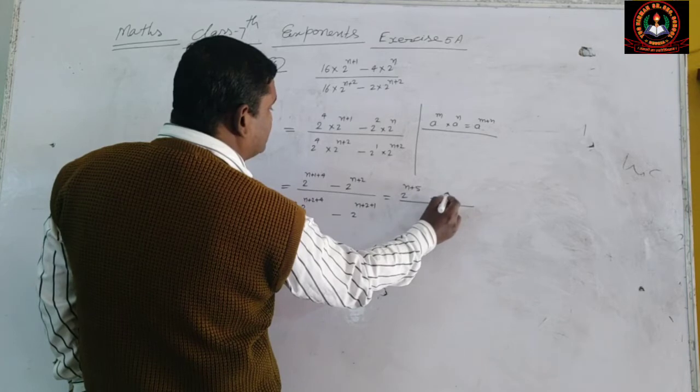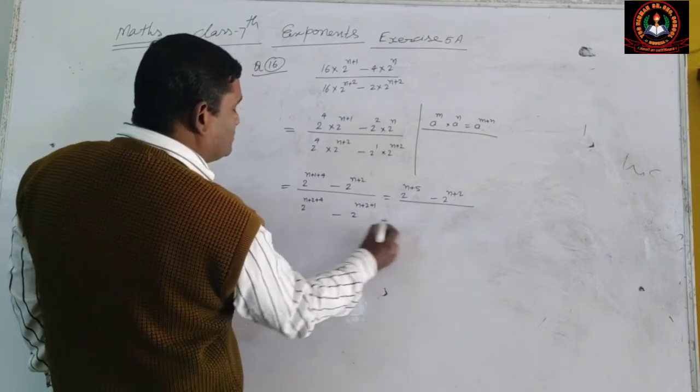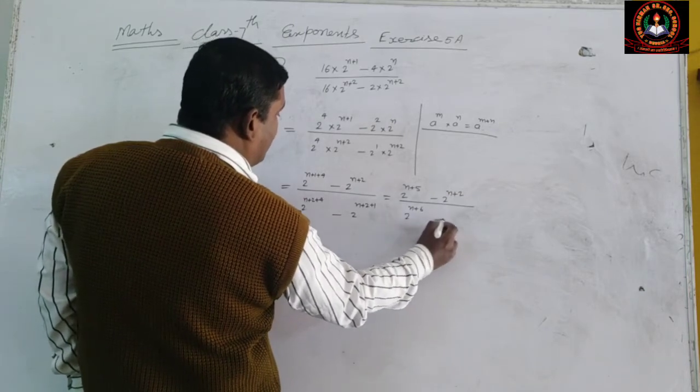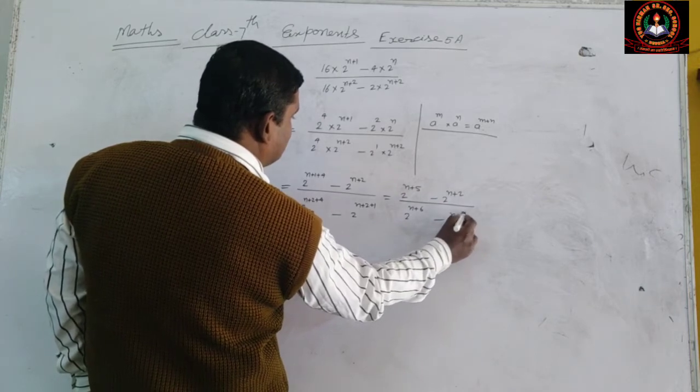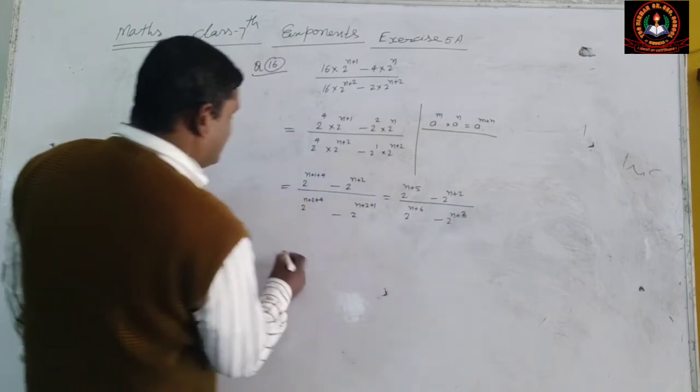Minus 2 to the power n plus 2. In the denominator, 2 to the power 4 into 2 to the power n plus 2 is 2 to the power n plus 6, and minus 2 to the power n plus 2 plus 1, which is 2 to the power n plus 3. Okay.